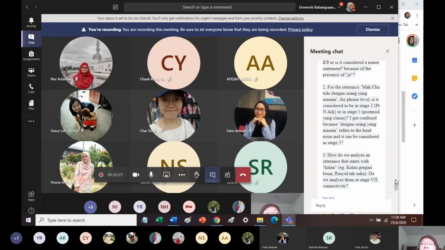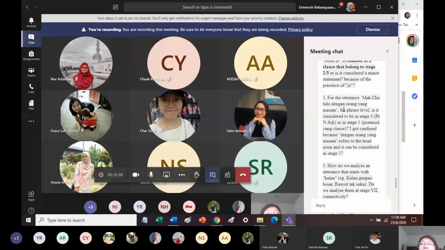For the utterance, Makcu tidur dengan orang yang masam. For phrase level, is it considered to be stage 3? Pronoun. Mana pronoun? Pronoun, noun, adjective. Makcu ni is like a third person. I think we can consider this as a person lah, Makcu.